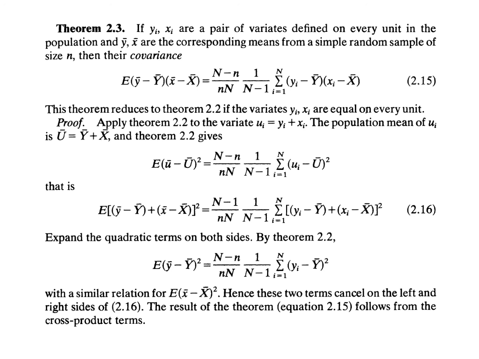Substituting again small u bar and capital U bar, we get the rule 2.60. Expanding the quadratic terms on both sides by theorem 2.2, we get the expectation of (y bar minus capital Y bar) all squared, with a similar relation for the expectation of (x small bar minus x capital bar) squared. Hence these two terms cancel on the left side of 2.16. The result of this theorem follows from the cross product terms.